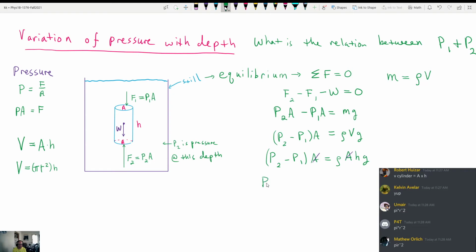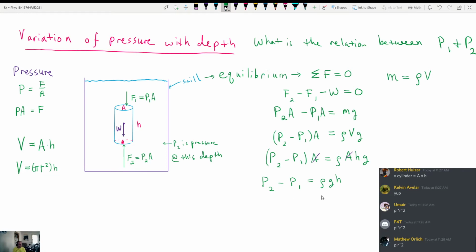Which says that the pressure at the bottom minus the pressure at the top is equal to density multiplied by gravity multiplied by the height of the column itself. And this is effectively the equation that we have for the variation of pressure with depth.